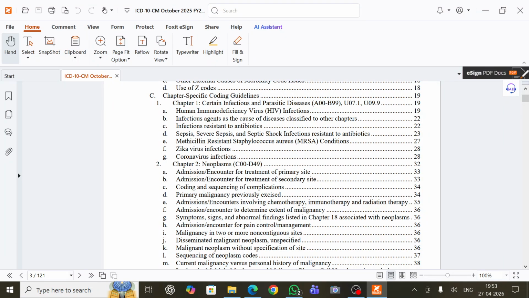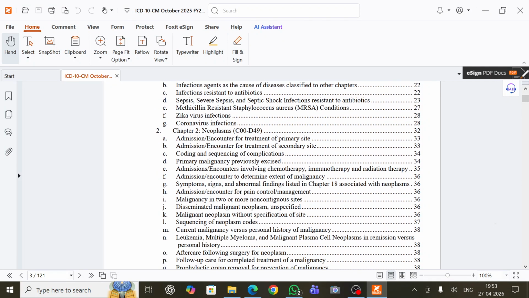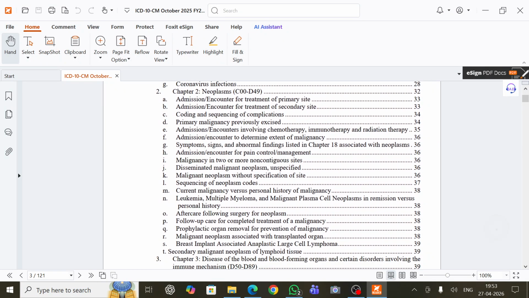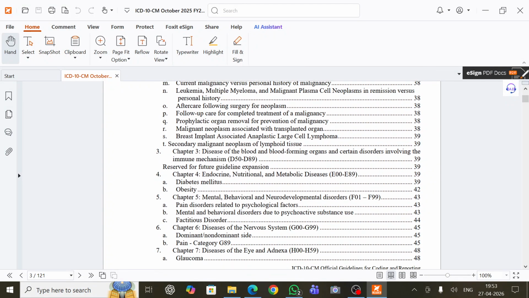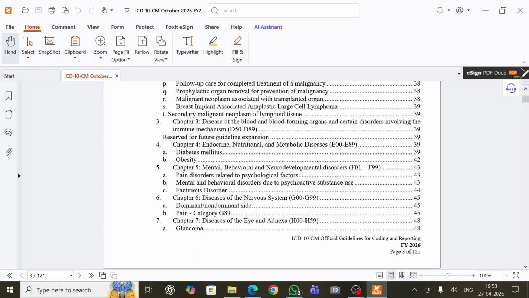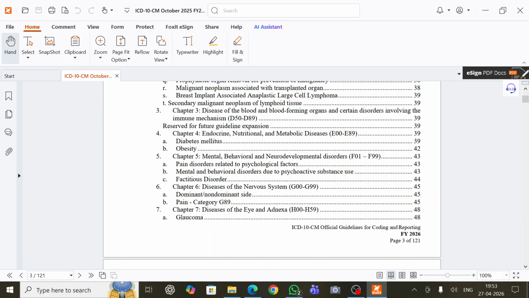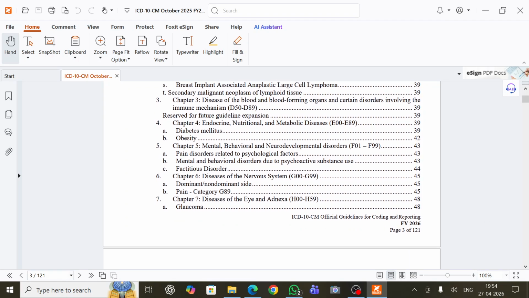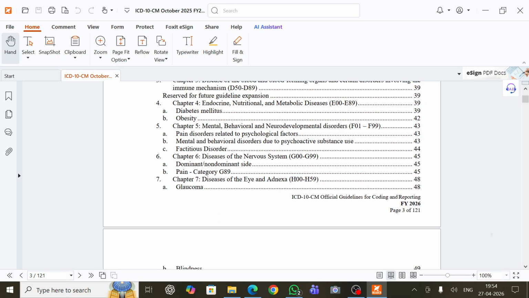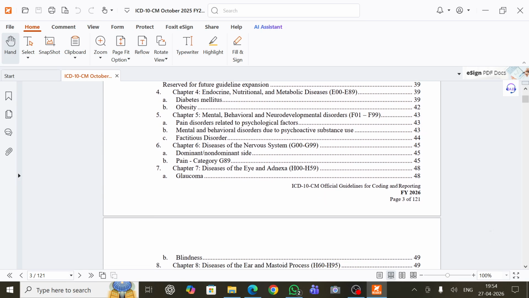The second chapter is neoplasms, that is cancer. The third chapter is diseases of the blood and blood-forming organs and certain disorders involving the immune mechanism. The fourth chapter is endocrine, nutritional and metabolic disorders, that's DM and obesity.